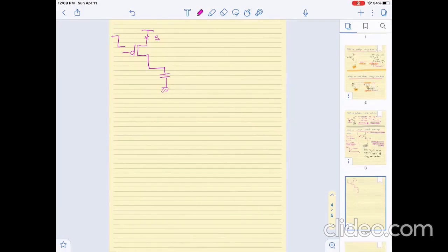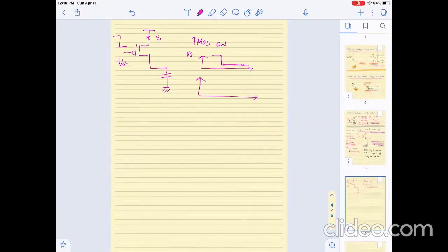What this means is that the PMOS will be on as a function of Vg, right? So this is Vg, used to be high and it turned to low, and accordingly, once the PMOS turns on, Vx or Vout is going to charge up, assuming that Vx init is equal to 0.